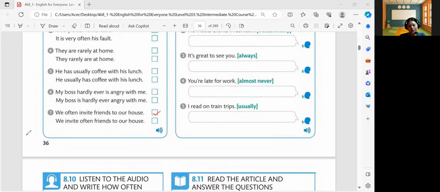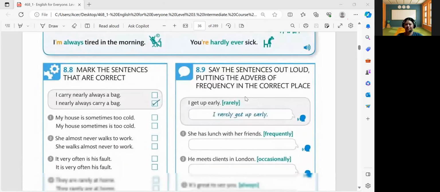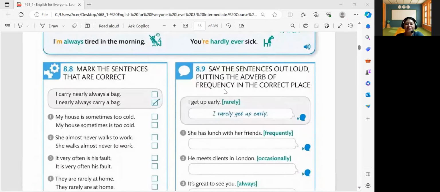So now let's proceed for the next page. No, not the same page, but it's another activity. Okay, so here, say the sentences out loud, putting the adverb of frequency in the correct place. Okay, so let's start here.